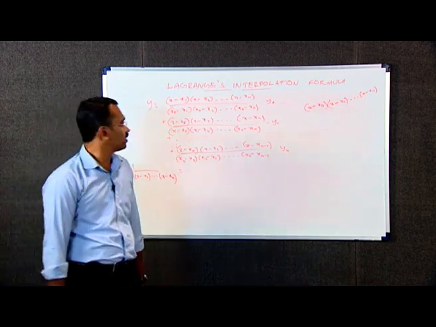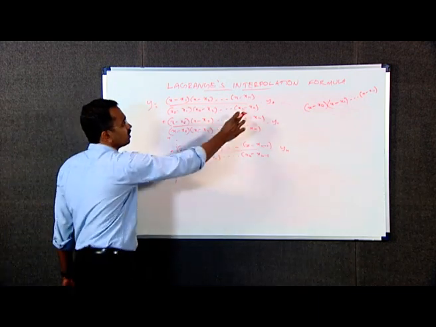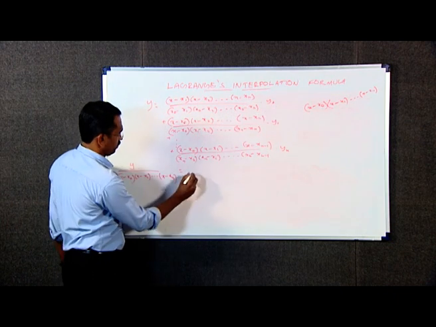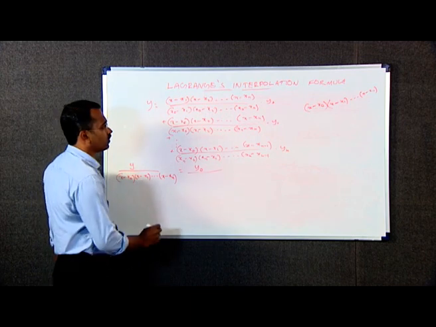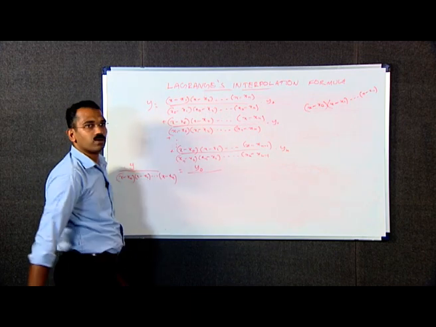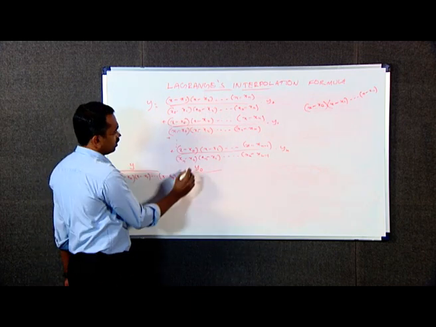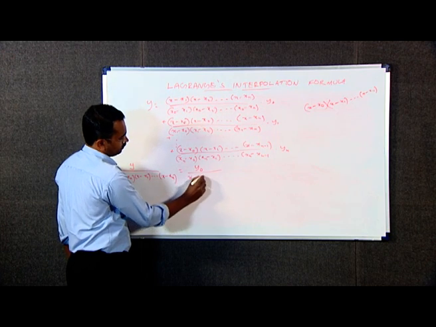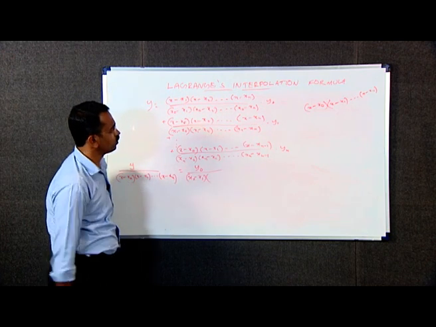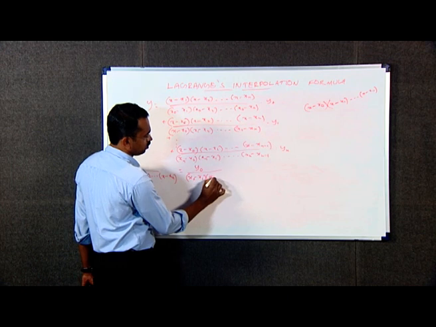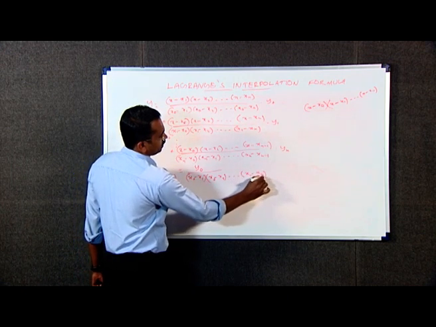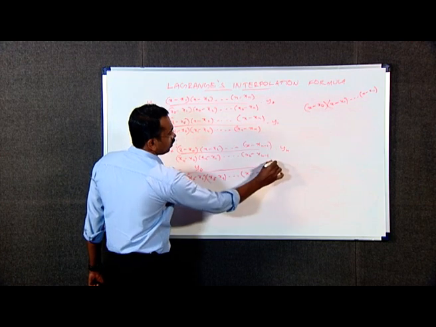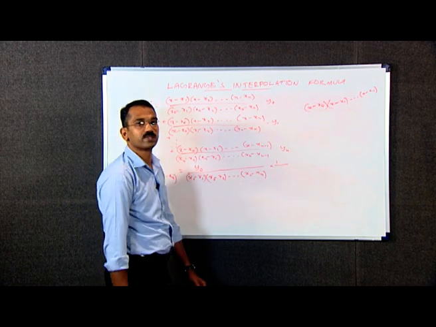The remaining term in the numerator is y naught divided by (x naught minus x1) into (x naught minus x2) into etc. (x naught minus xn) into 1 by (x minus x naught).